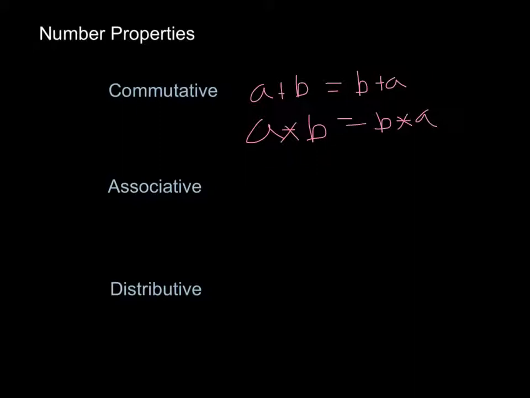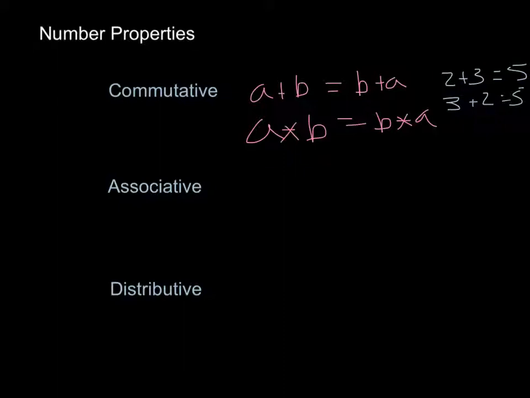I'll just show one case: 2 plus 3 is 5, and flip it around, 3 plus 2 equals 5. The order does not matter. Of course, that is not true for subtraction because 3 minus 2 is not the same as 2 minus 3. So that's the commutative property.